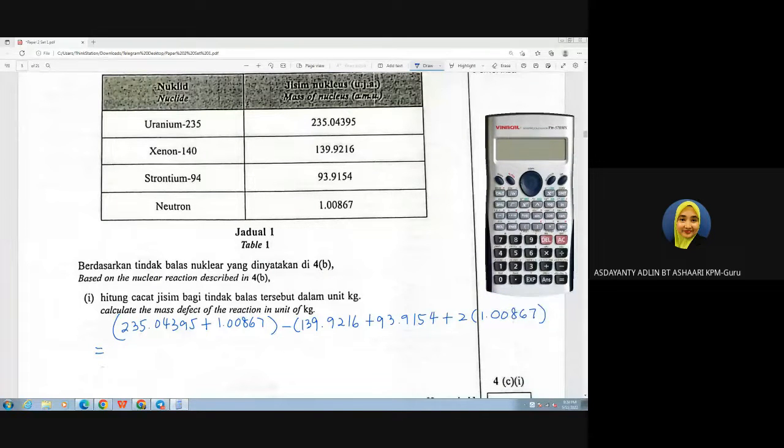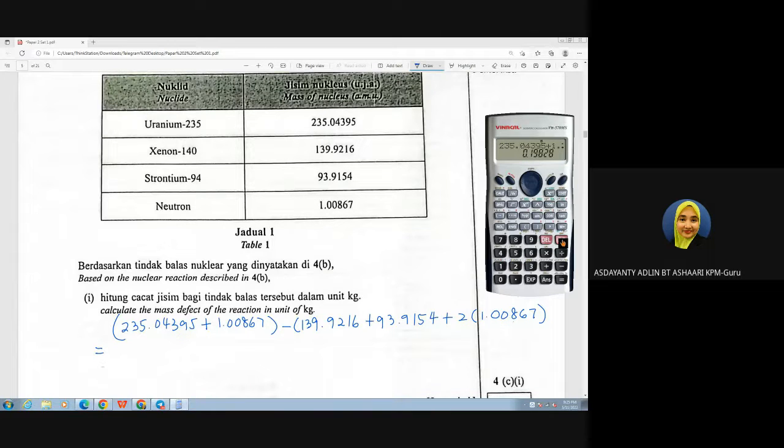Baru teringat nak install balik. 235.04395 plus 1.00867 minus 139.9216 plus 93.9154 plus 2 times 1.00867.